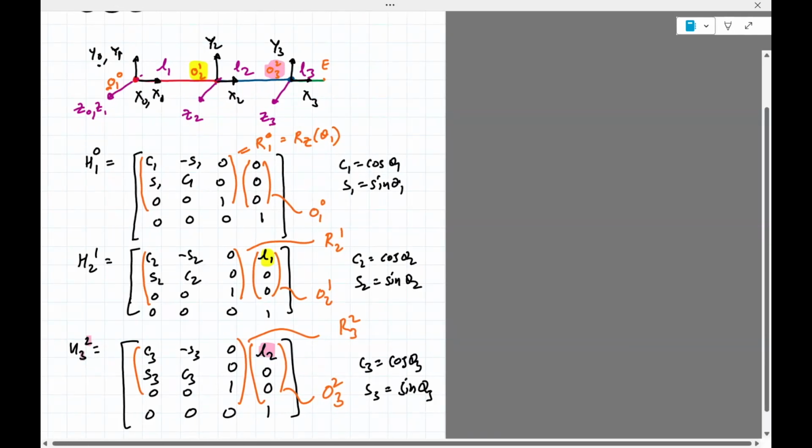Now our goal is obviously to find the position of point E. So how do we get that? This is how you'll get the position of point 3. We take this.